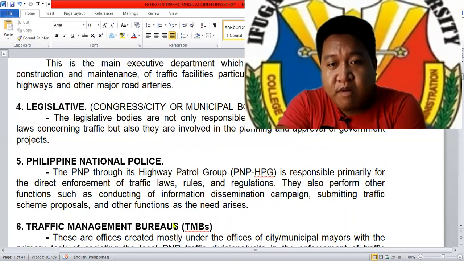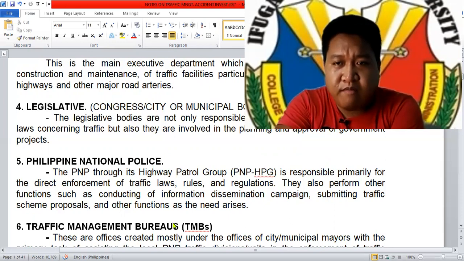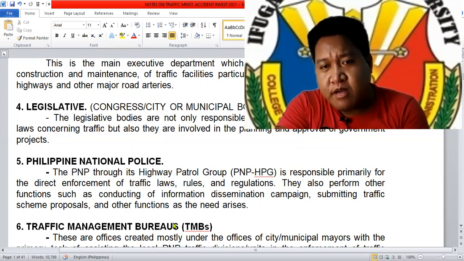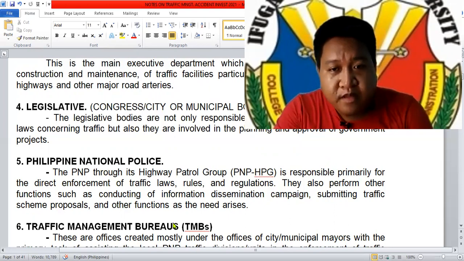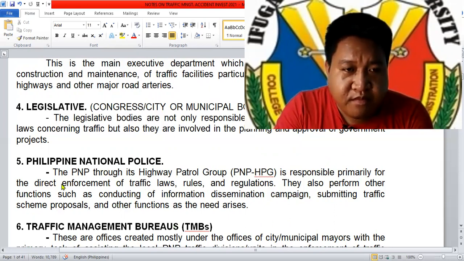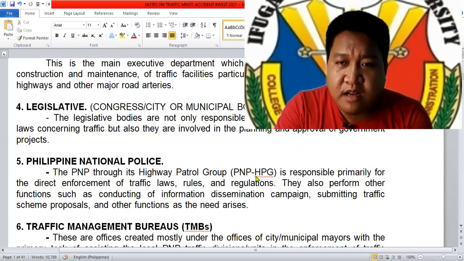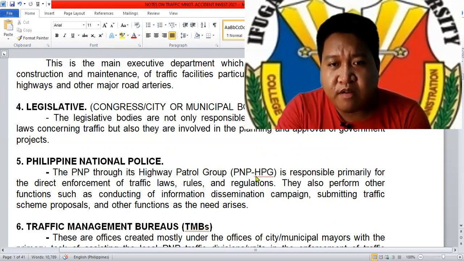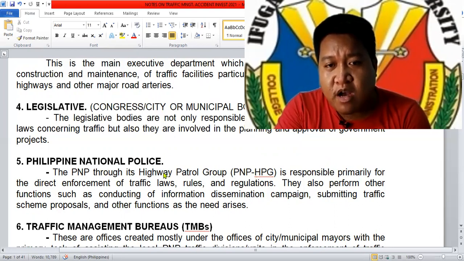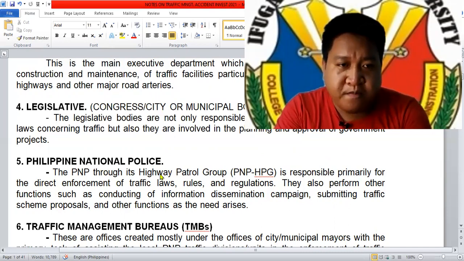Yung mga local police natin, yan yung mga ibang unit sa PNP, they can also have part in the management of traffic. Ang dating pangalan ng HPG is TMG, Traffic Mobile Group, pero ginawang Highway Patrol Group.